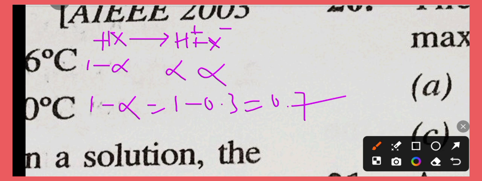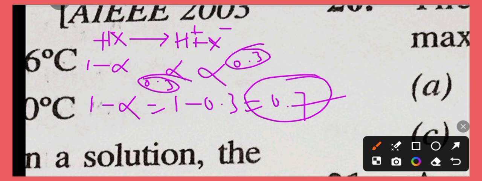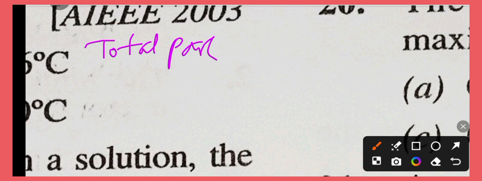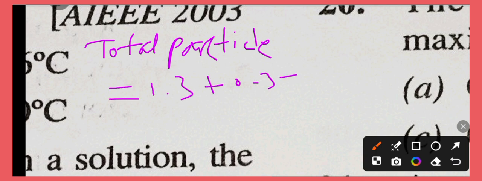The moles of HX is 0.7. The moles of H plus is alpha, that is 0.3, and moles of X minus is alpha, that is 0.3. That is given in the question. Total particles present is equal to 0.7 plus 0.3 plus 0.3.